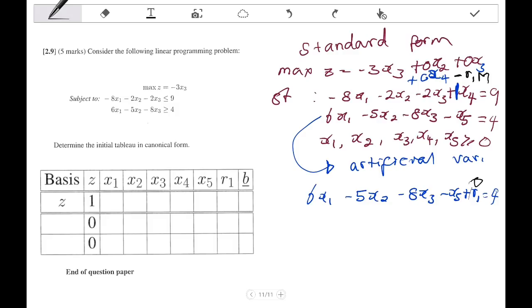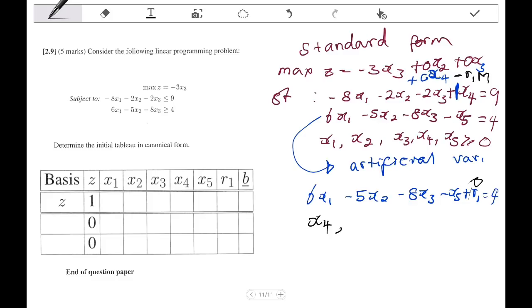A basic variable is a variable that has a coefficient of 1 on one constraint and coefficients of 0 on the other constraints, including the objective function. We have x4: it has a coefficient of 1 on the first constraint, 0 on the second, and 0 on the objective.